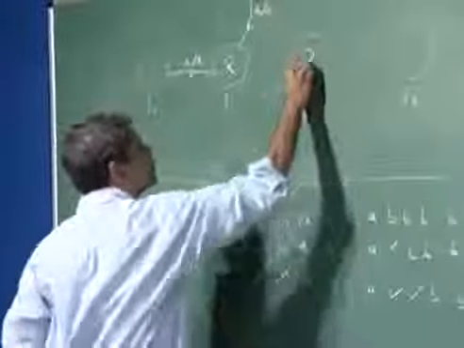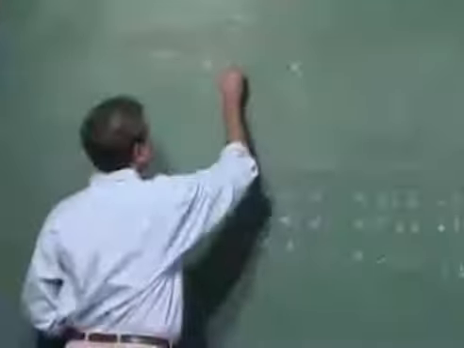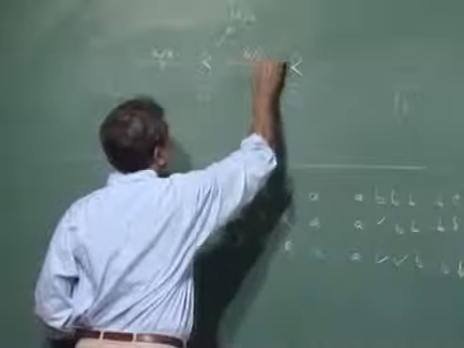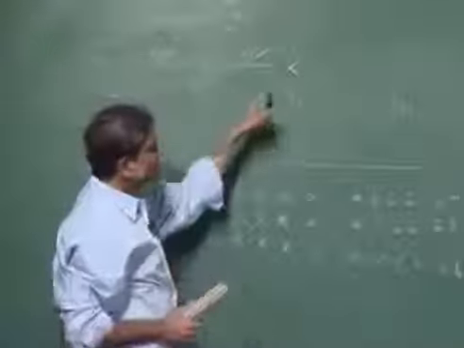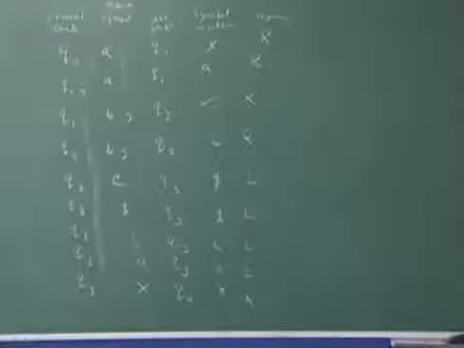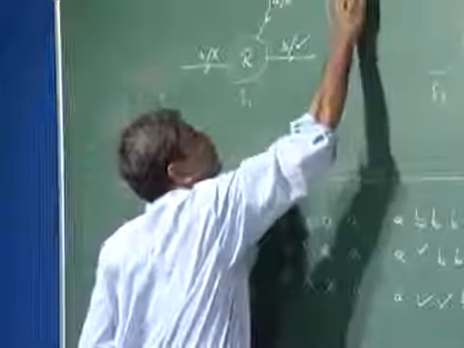So, therefore, of course, you will see that Q1 is a right moving state. Now we are in Q2, and in Q2 if I see a B, we will remain in the state, but we will make a right move.